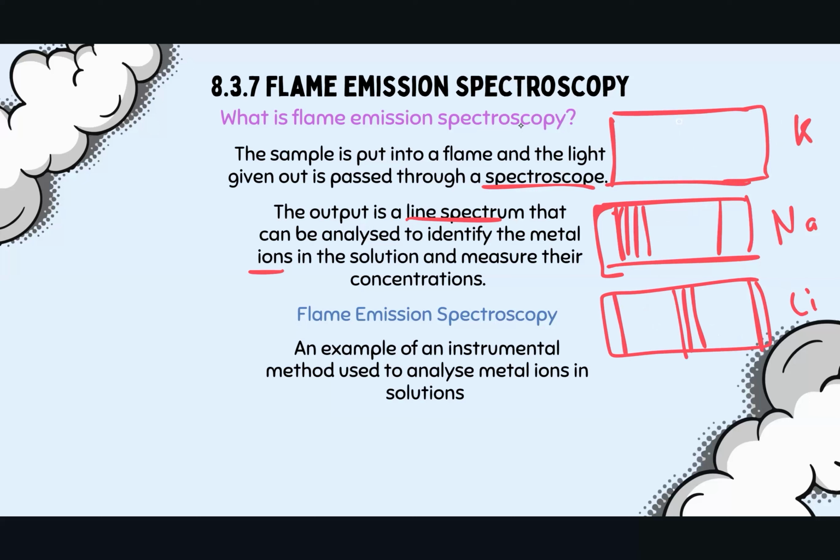And the potassium one looks like this. Now you have an unknown substance, and you use a spectroscope for it, and the unknown substance ends up looking like this.